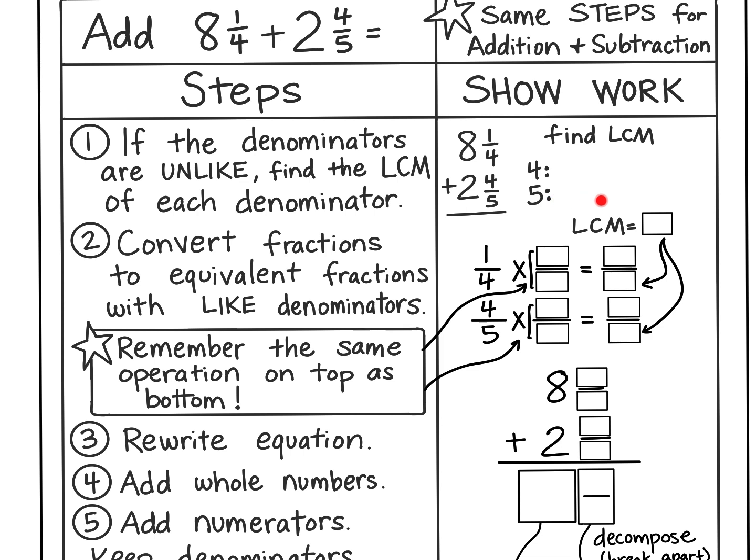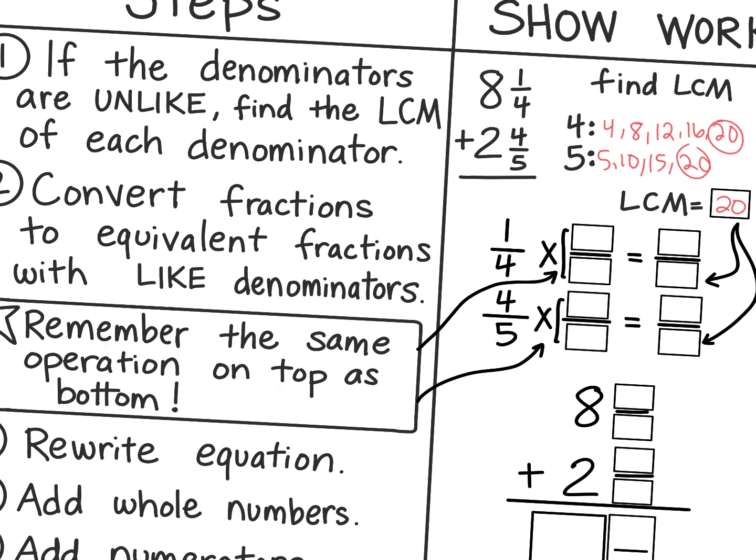So I would list out my multiples of both until I have a common multiple. So 4, 8, 12, 16, 20, 5, 10, 15, 20. My LCM is 20, which means that is the number I will use as my least common denominator.